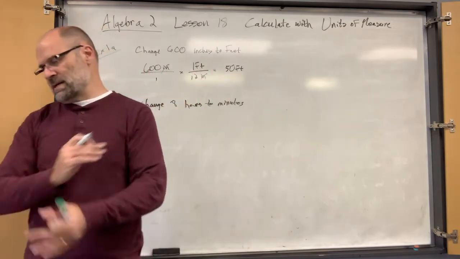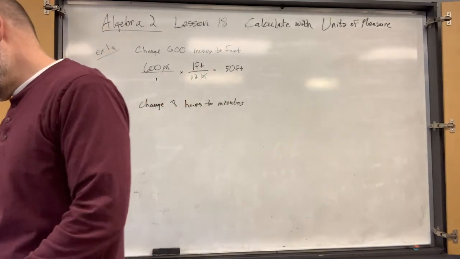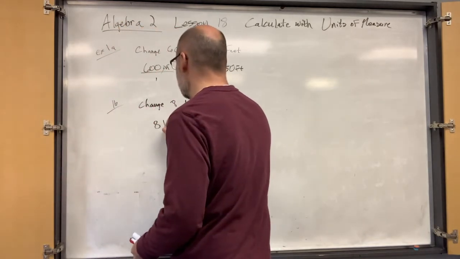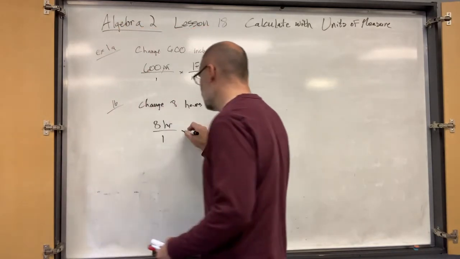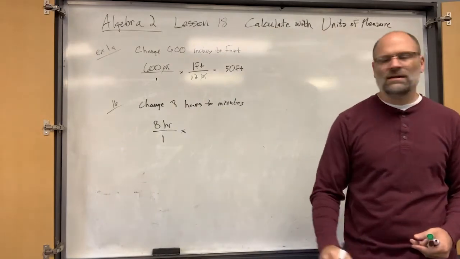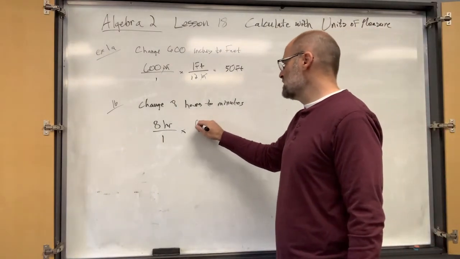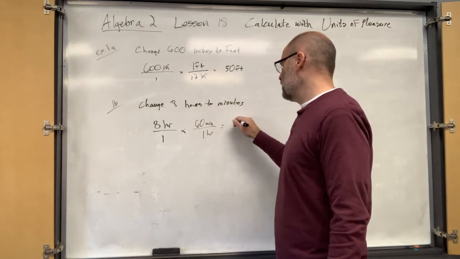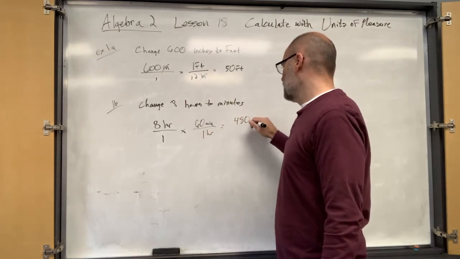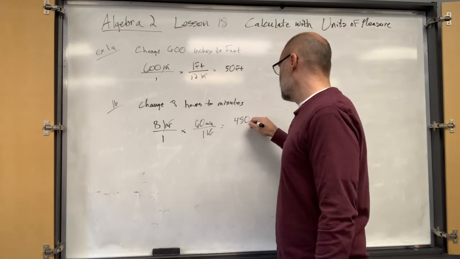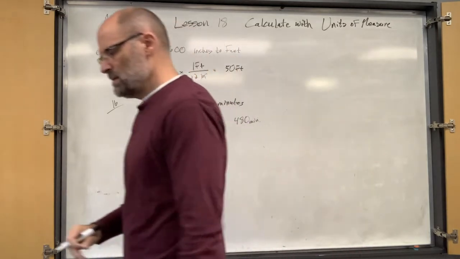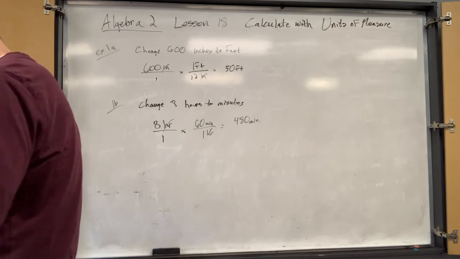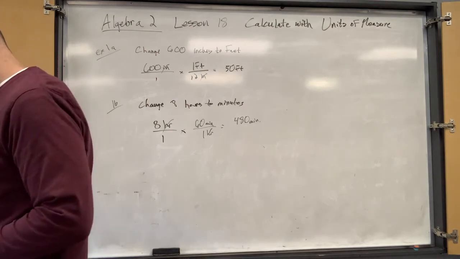Or you can use unit multipliers. So 8 hours, same thing. That conversion factor can be written as a unit multiplier, 60 minutes over 1 hour. So this is going to be 480 minutes. You guys are doing this in physics and other science classes, so it's going to be helpful.